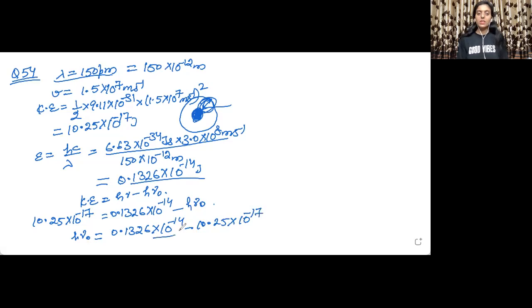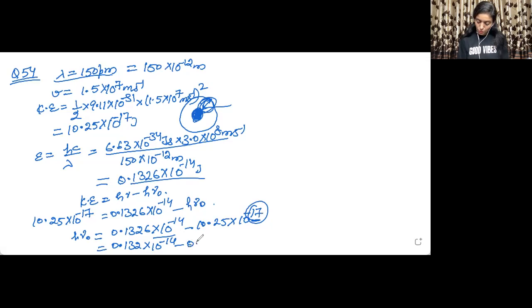First, we need to make the powers equal. So we can write 0.132 × 10^-14 minus... To make this power minus 14, we need to shift the decimal point towards the left-hand side.